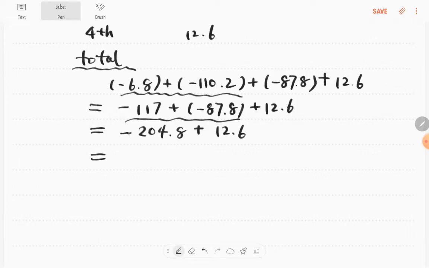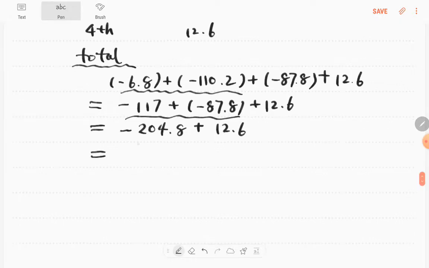This time we have negative sign and a positive sign, but we realize the negative number has greater absolute value, which means our answer should have negative sign. Next step, we only need to find the difference between the absolute value. Right? So the absolute value of negative 204.8 is just 204.8.